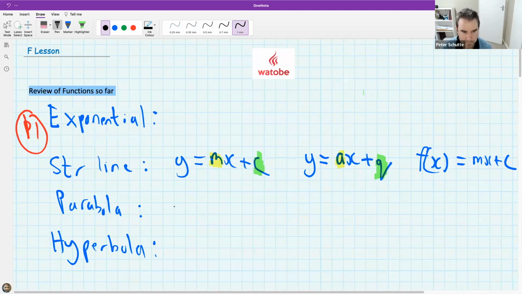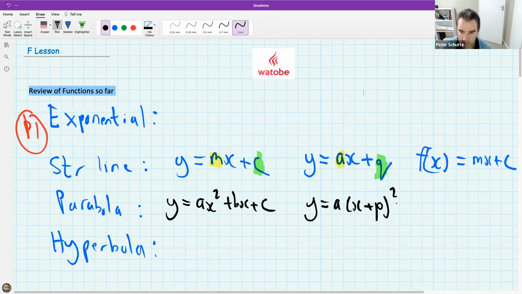When we did straight lines, we spoke about how do we, in fact, let me just stop at that point for that one. Then for parabolas, we spoke about functions that look like this, which is the standard form. And we also spoke about the alternate form of a parabola like that, the turning point form. And you can go, but these are the same thing.